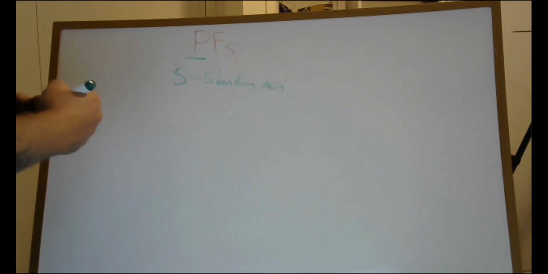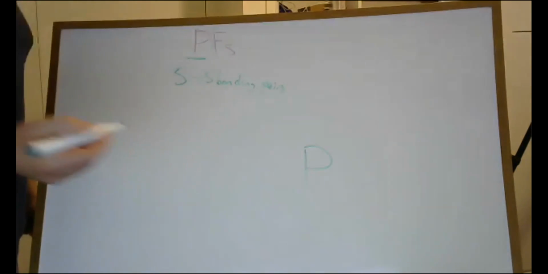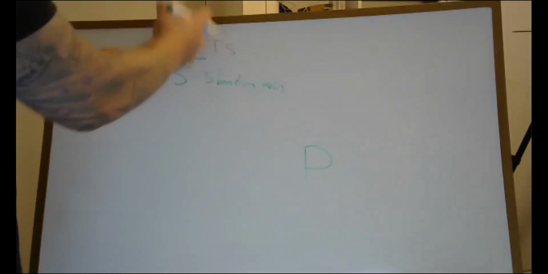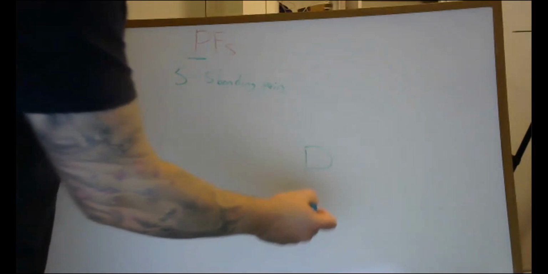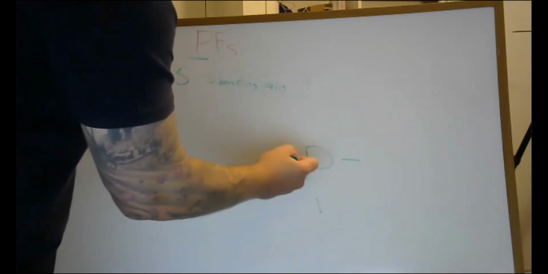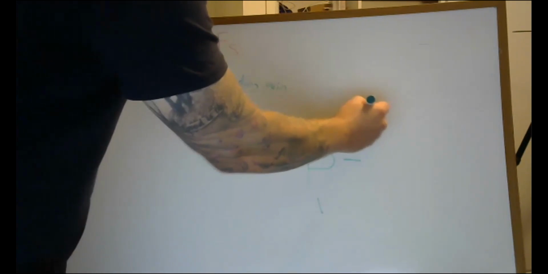So it would have phosphorus in the middle. Phosphorus has 5 valence electrons, and there's 5 fluorine atoms. So it would be something like this, with the bonds as far apart as possible.